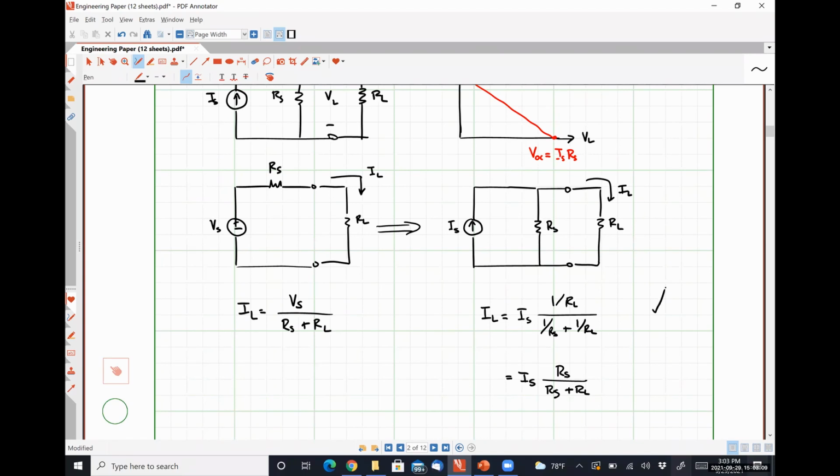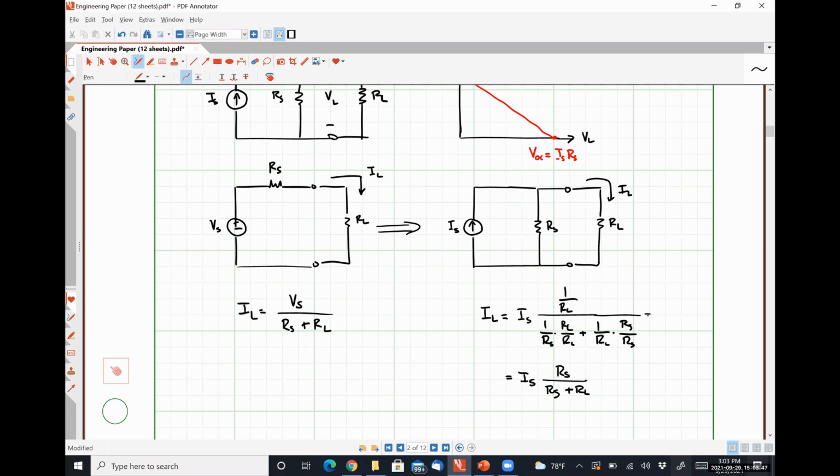Our next step is just simple algebraic manipulation, okay? So I will prove it out to you just to make things a little bit easier to swallow. So I'm going to put 1 over RL here. And then this was 1 over RS multiplied by RL over RL plus 1 over RL multiplied by RS over RS.